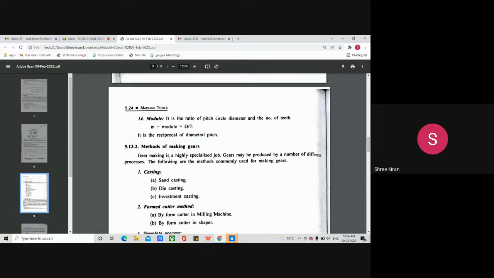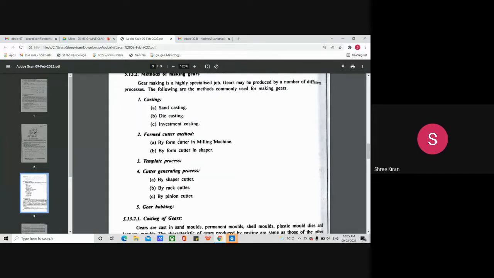Then the second one is the form cutter method: by form cutter milling machine, by form cutter shaper, and template process cutter.